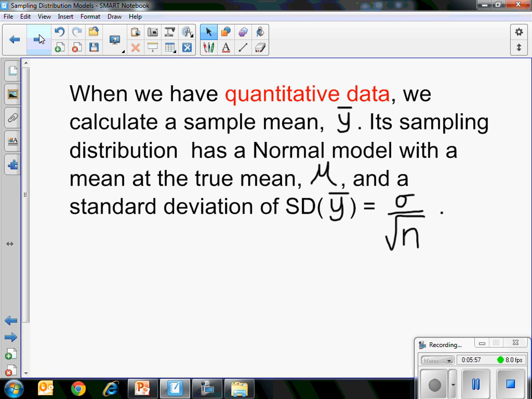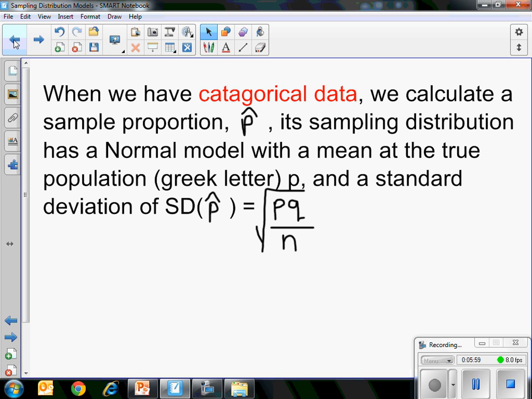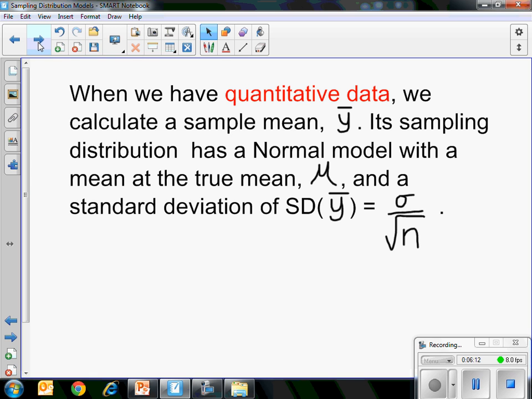So notice again, when you have categorical data, you have a sample proportion, p hat, and your standard deviation is the square root of pq divided by n. And when you have quantitative data, you're dealing with a sample mean, y bar, and your standard deviation is sigma divided by the square root of n.